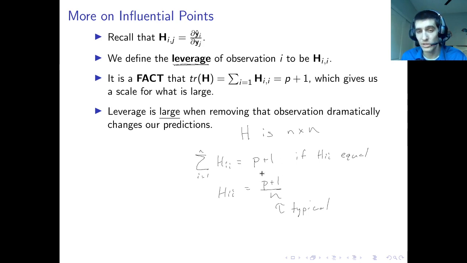And so the center against which we can measure our leverage values is p plus 1 over n, where again p is the number of predictors, n is the number of observations. Okay, so this is what I mean when I say this gives us a scale for what is large. If one is a little bit larger than this, one must be a little lower, and so this is our point of comparison.